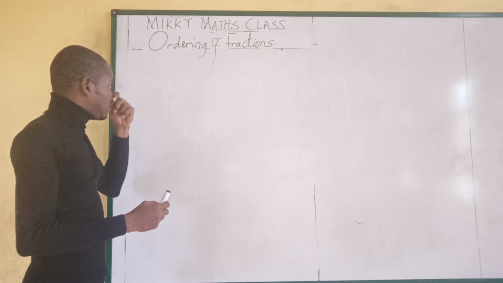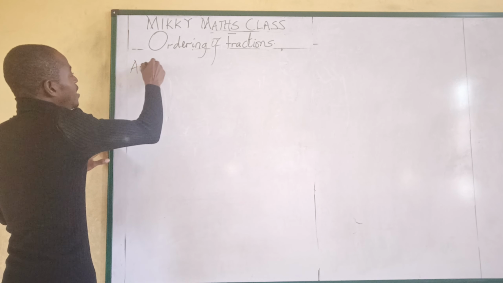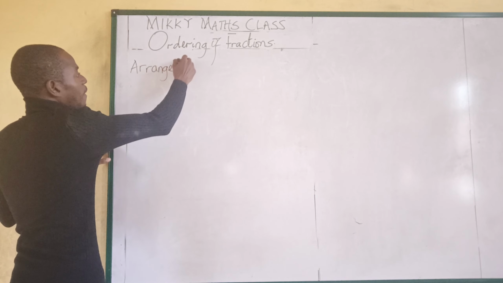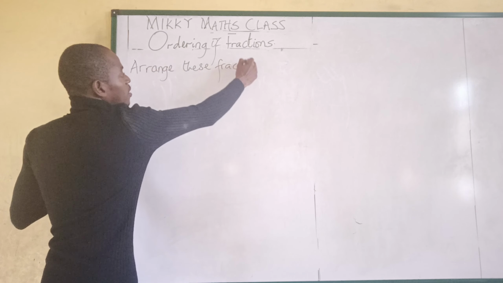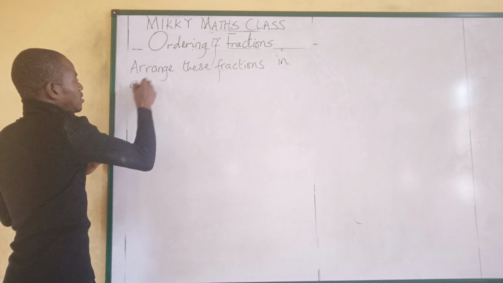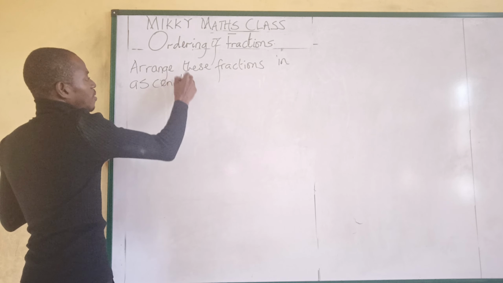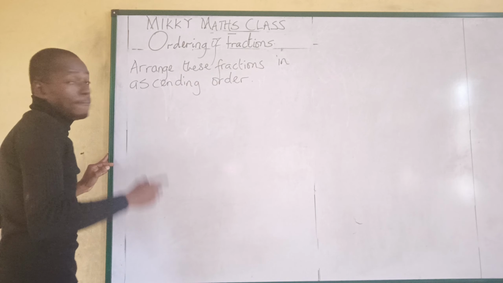Now, you can be asked to arrange these fractions in ascending order. That means we should arrange them from the smallest to the biggest.